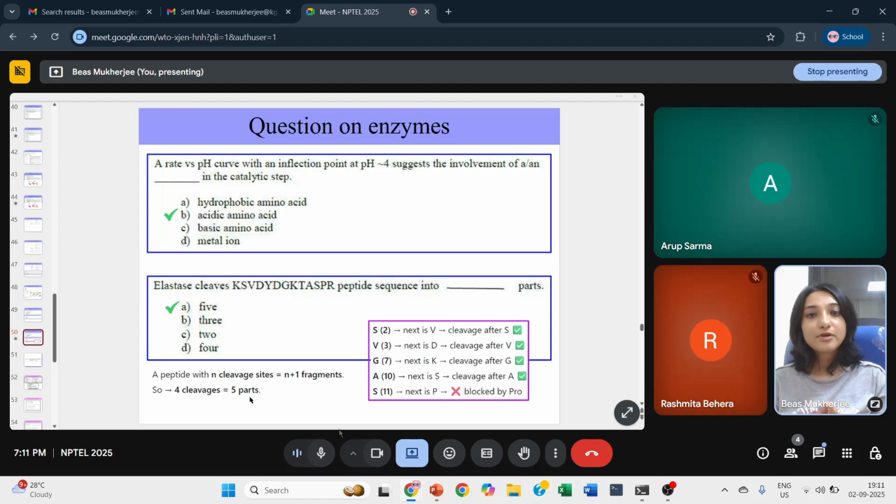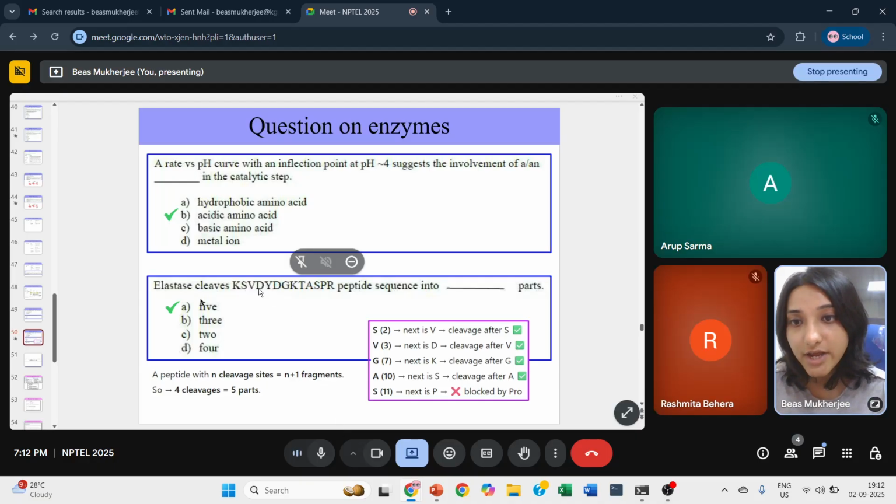Why? Because there are many cleavage sites. There are actually 5 cleavage sites, but for one, the cleavage will not be possible because of the presence of a proline on the C-terminal. But for the other 4, it will be possible, and that is why 4 different cleavages will be happening and 5 different parts will be there.